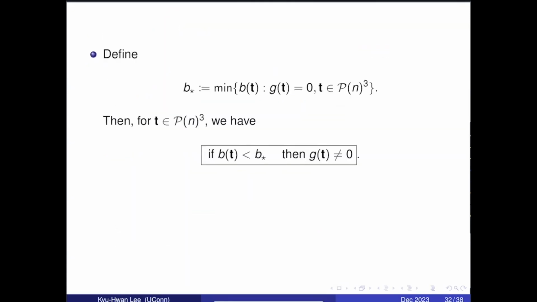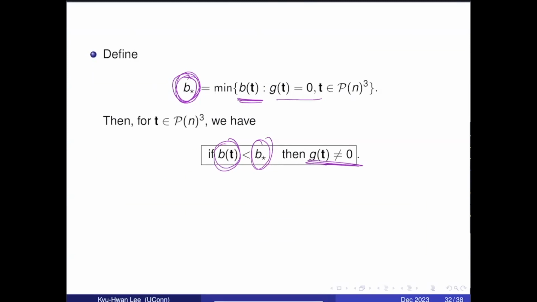So that's B star. B star is the minimum of the B loading B(t) such that the Kronecker coefficient is 0. It gives us the borderline, and that's the definition of B star. It implies that if the B loading is below this borderline B star, then we automatically have a non-zero coefficient.